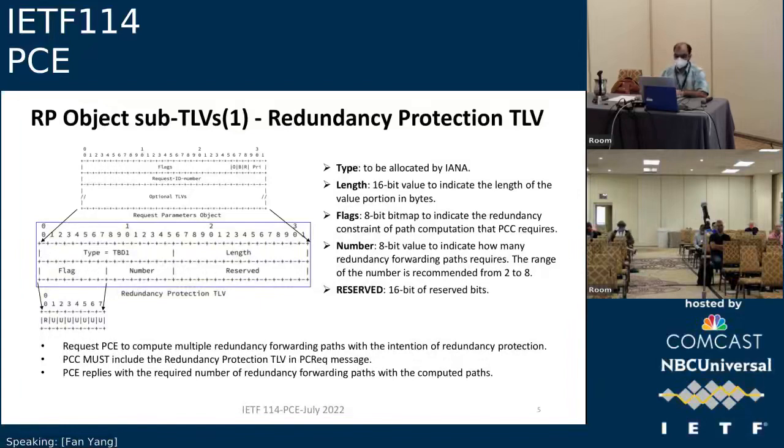And the second is the number to indicate how many redundancy forwarding paths the PCC requires. And this TLV is carried by the request and response between the PCC and PCE.